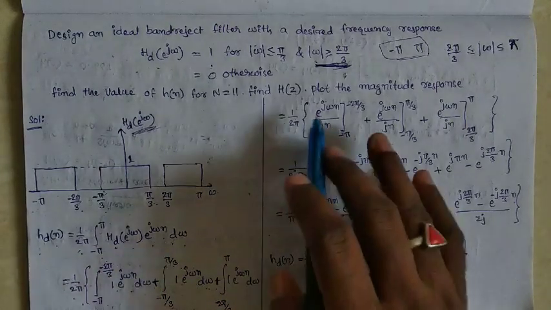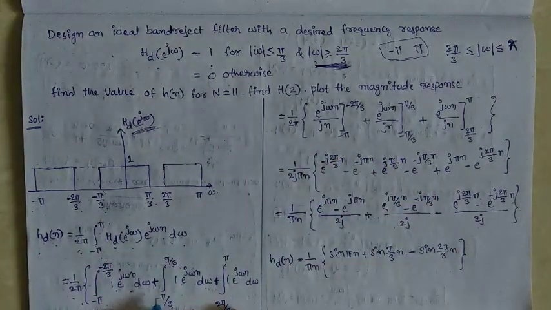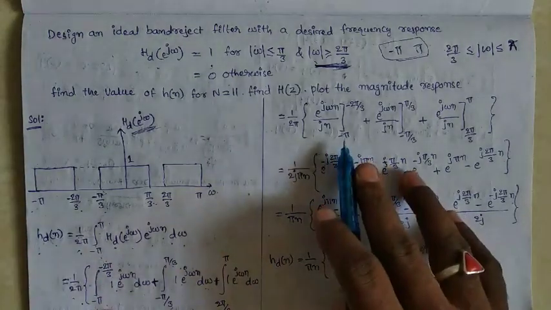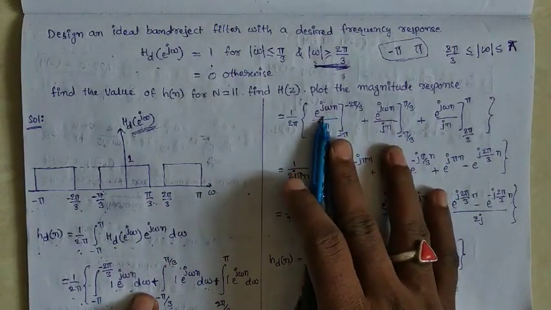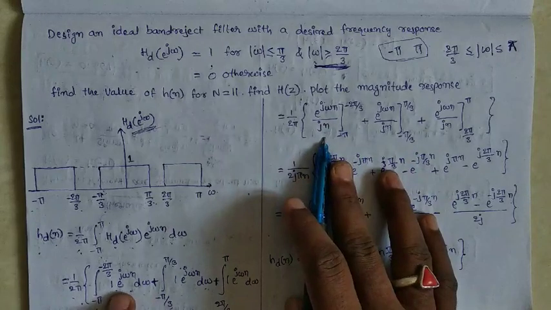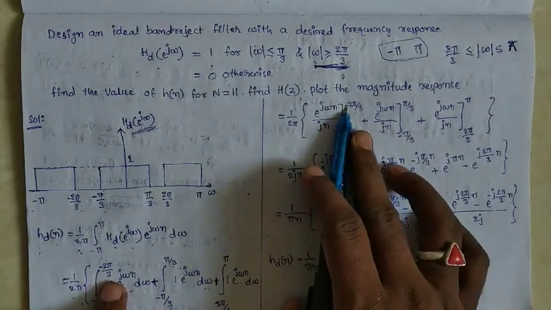Now, 1 by 2 pi. Applying the integration, the integration of e power j omega n with respect to omega is e power j omega n by jn, for this term with interval minus pi to minus 2 pi by 3.